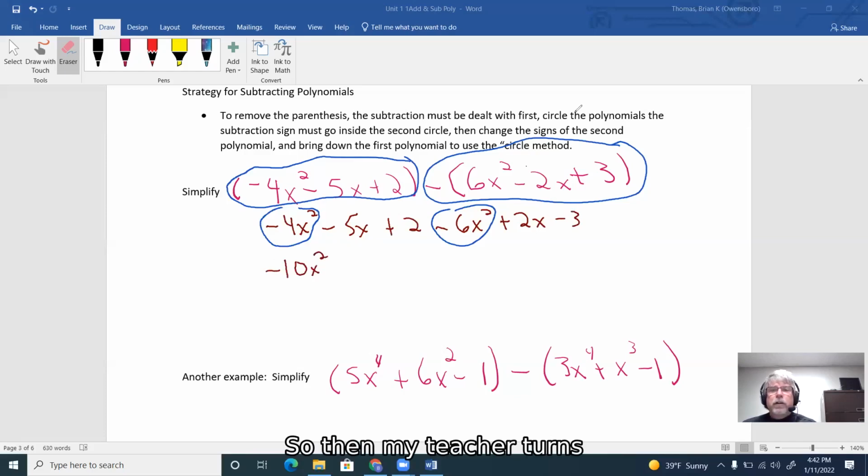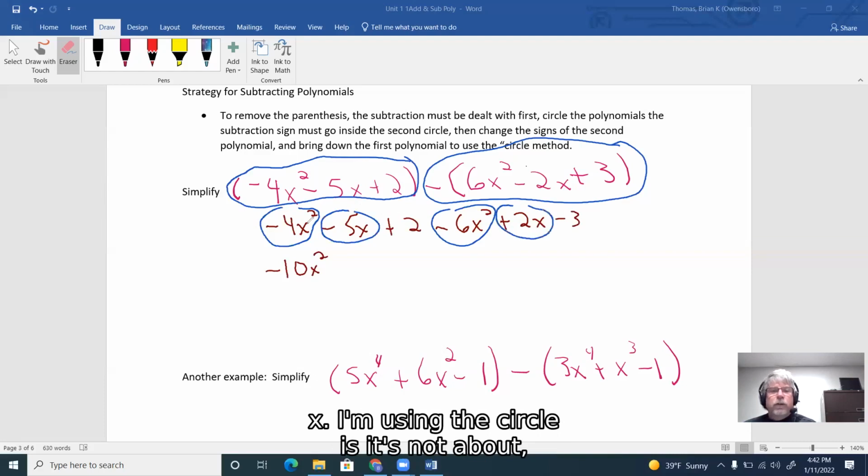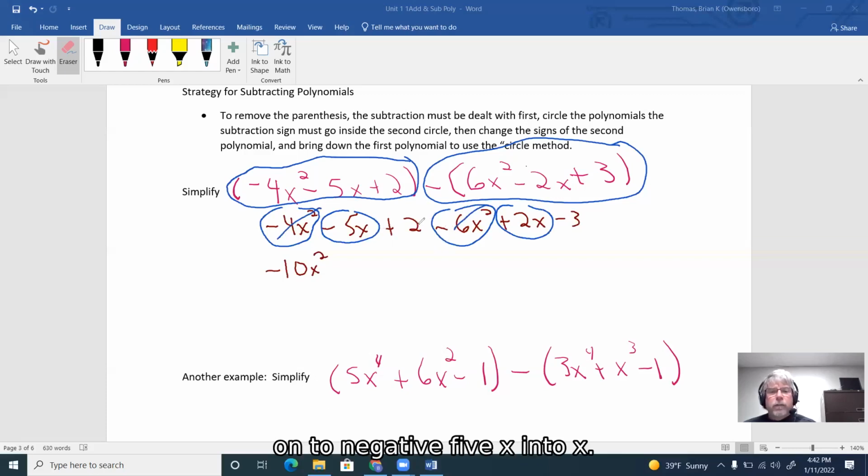So then my attention turns to the negative 5x and the 2x would be my next pair. So that negative 5x and that 2x. If I'm using circles, it's not a bad idea to say, hey, I'm done with you. I'm done with you. So now I'm moving on to negative 5x and 2x.